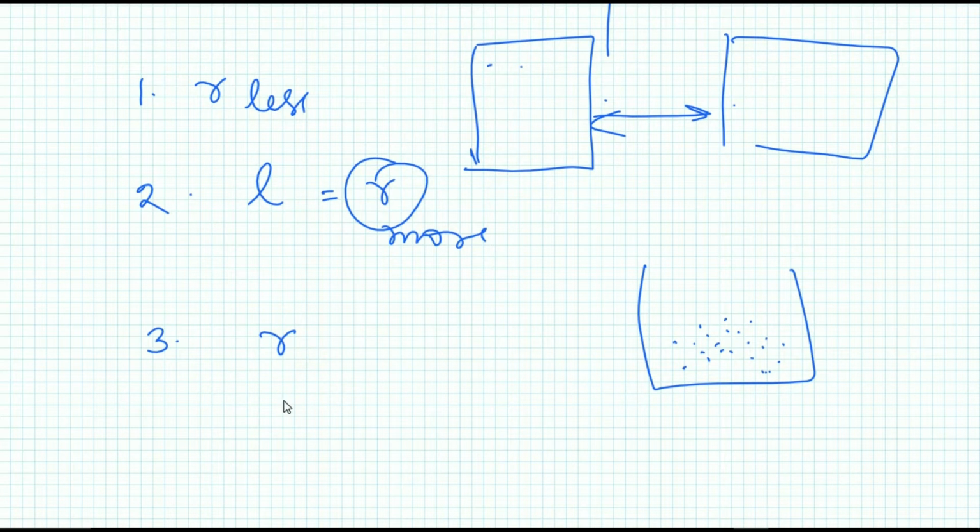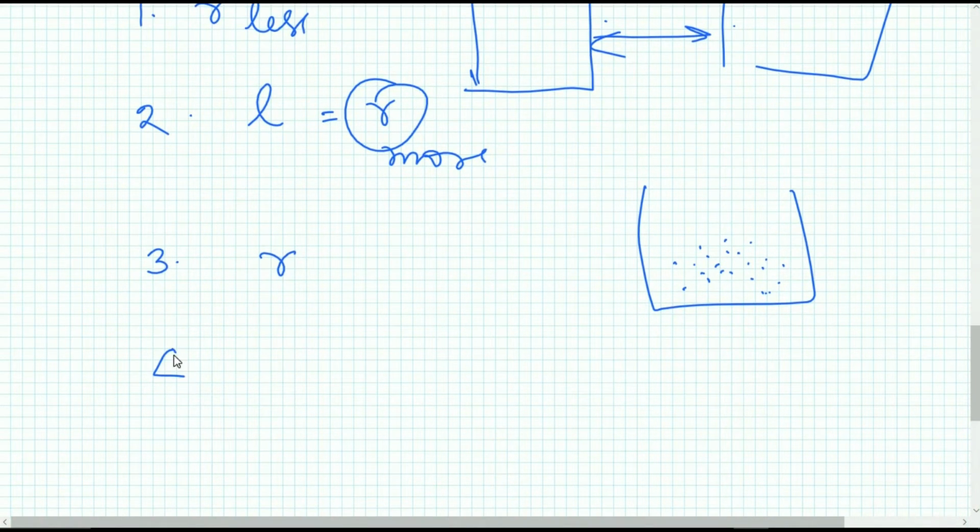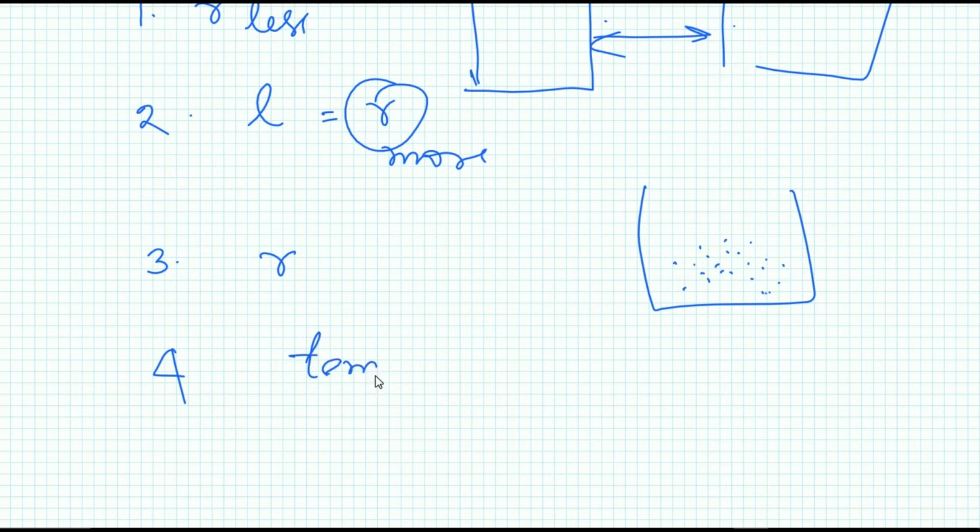And the fourth factor that affects the internal resistance of a cell is the temperature. If the temperature of the electrolyte is higher, then the resistance will be less. Why? It is because higher temperature provides extra energy to the ions to travel easily from one plate to another plate.